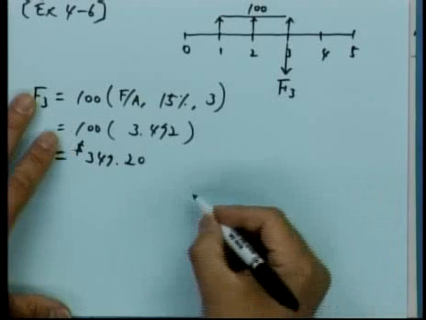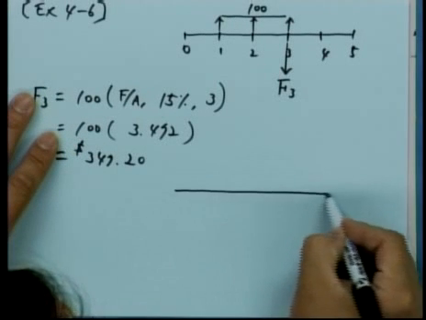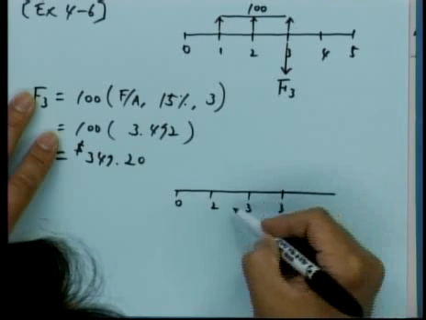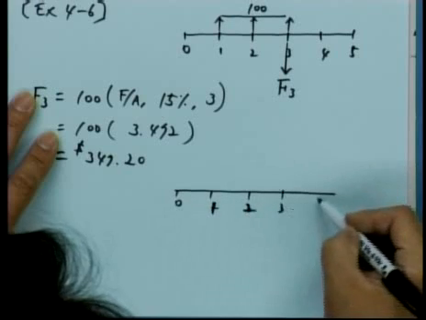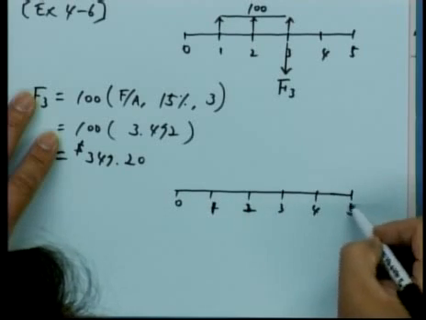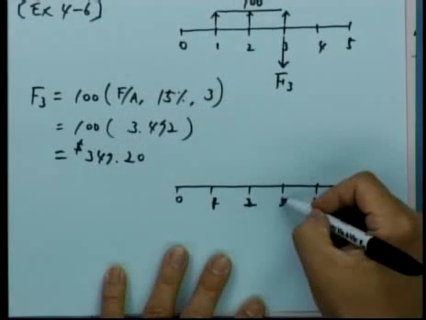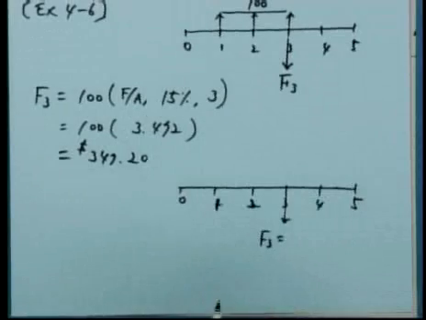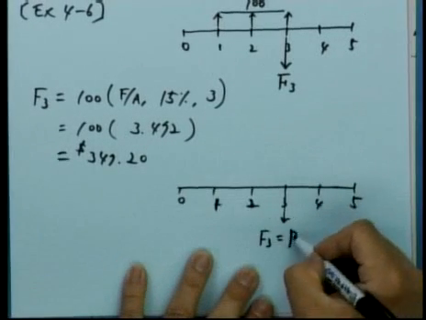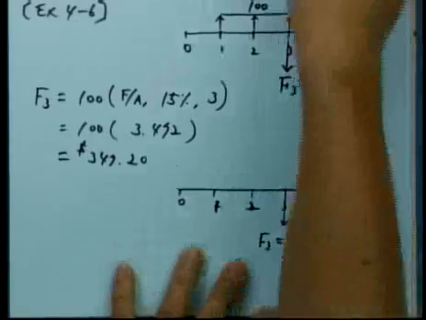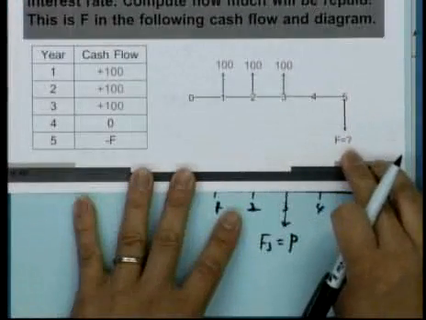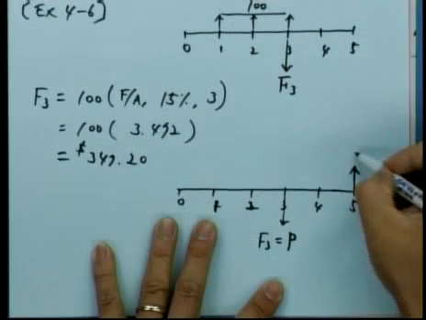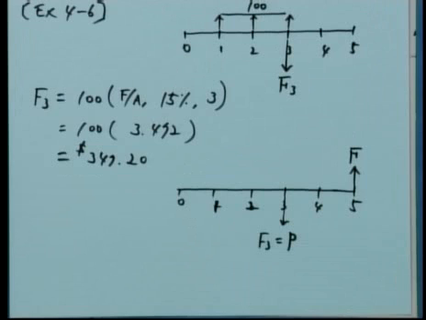So what I'm going to do is 0, 1, 2, 3, 4, and 5 here. And we can set F3 as a present sum P. Then the original future sum of F after the 5th year, like this.